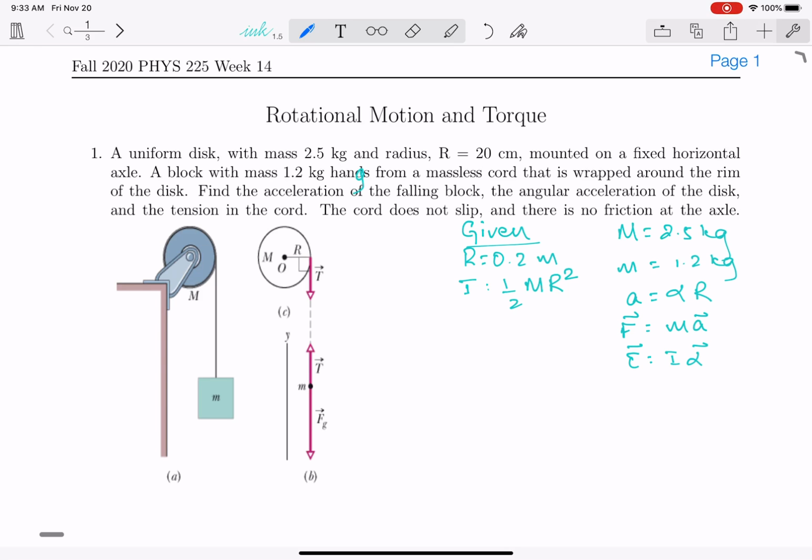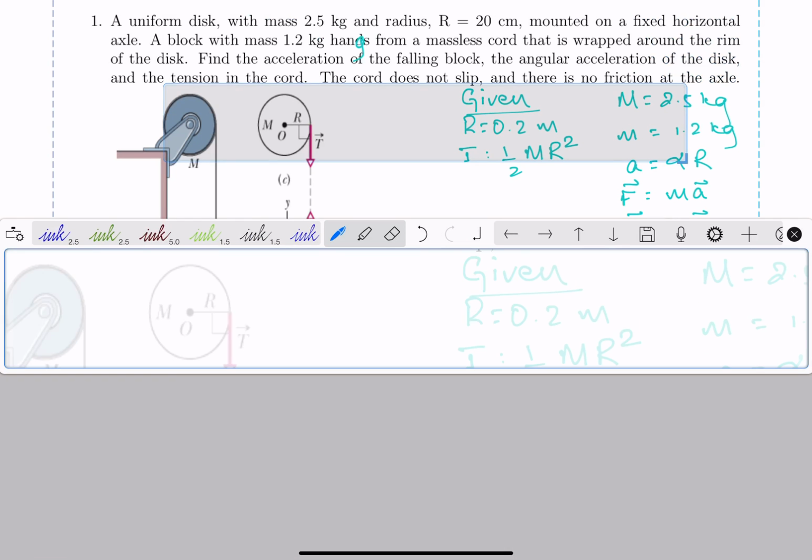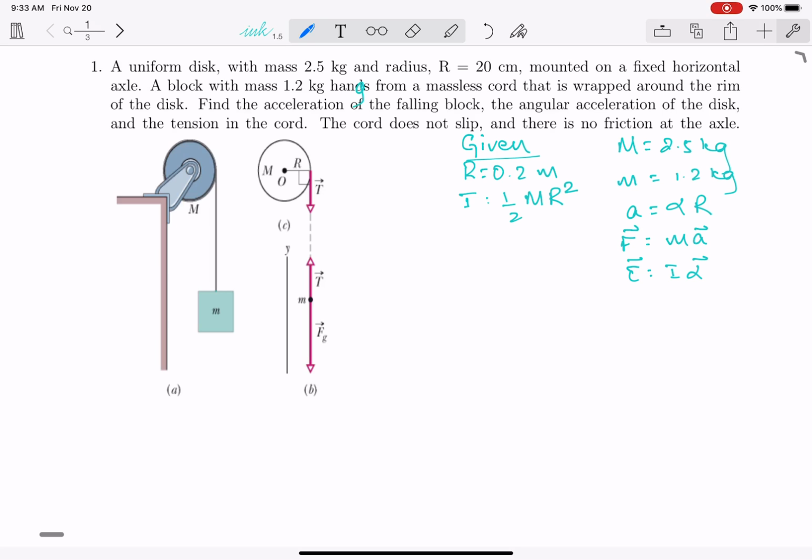All right, so now if you're looking at the string, the tension on this edge here and this edge is acting in both directions, right? Sorry, the Newton's third law, the magnitude of tension. So if you look at the disc itself, tension is acting down. This is what's creating the torque.